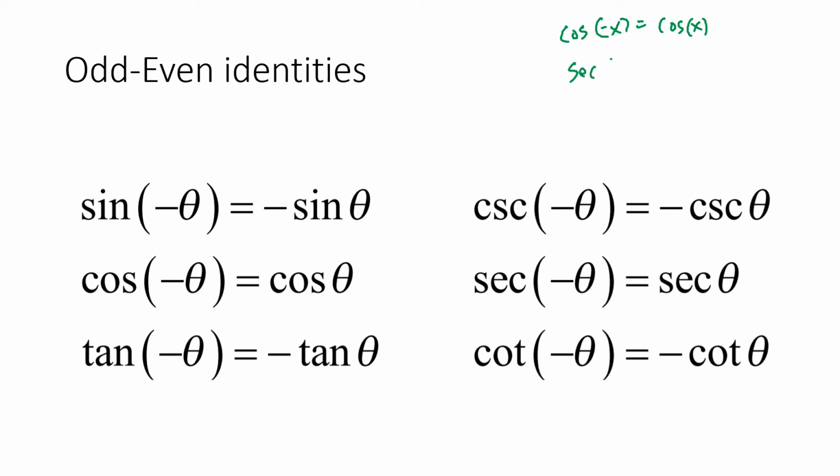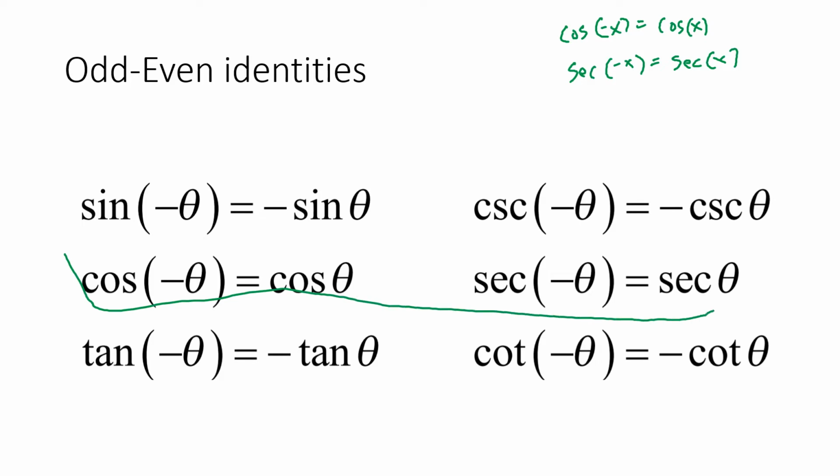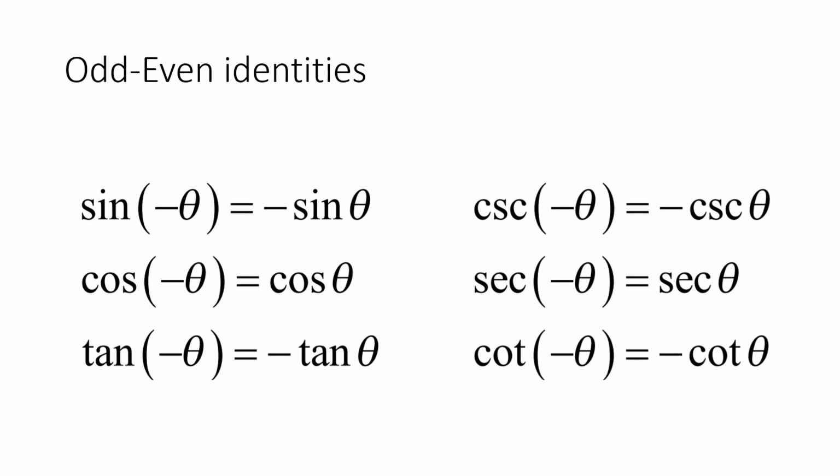Secant is also the only other even function because it's basically going to do the same thing. Notice what happens here on this row when we look at cosine and secant. So the reason why that happens is because they're even functions. With sine and the rest of our trigonometric functions, those are odd functions.